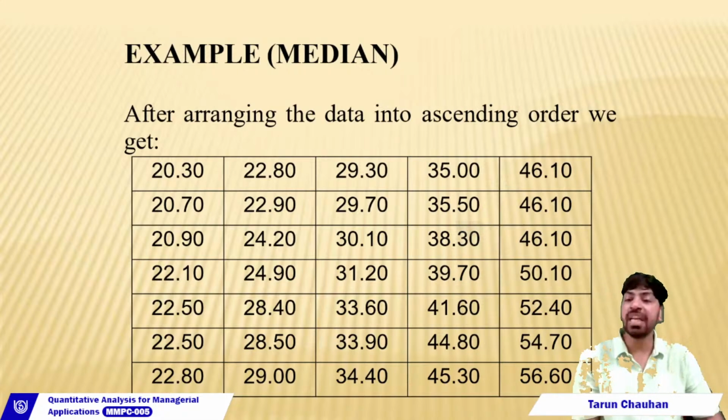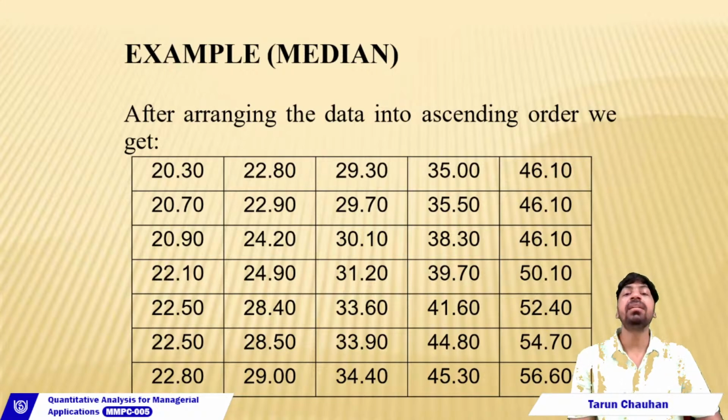So till 15, that is 46.510, the 16th observation is 22.10, the 17th observation is 24.90, and the 18th observation, or 18th term, is 31.20.